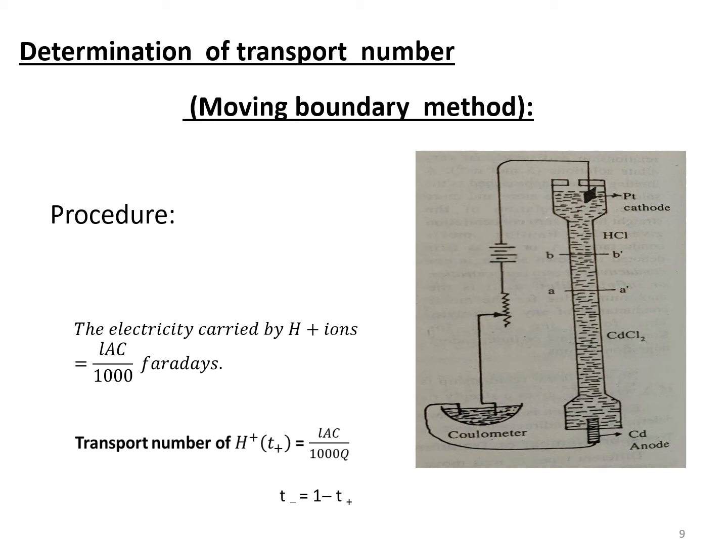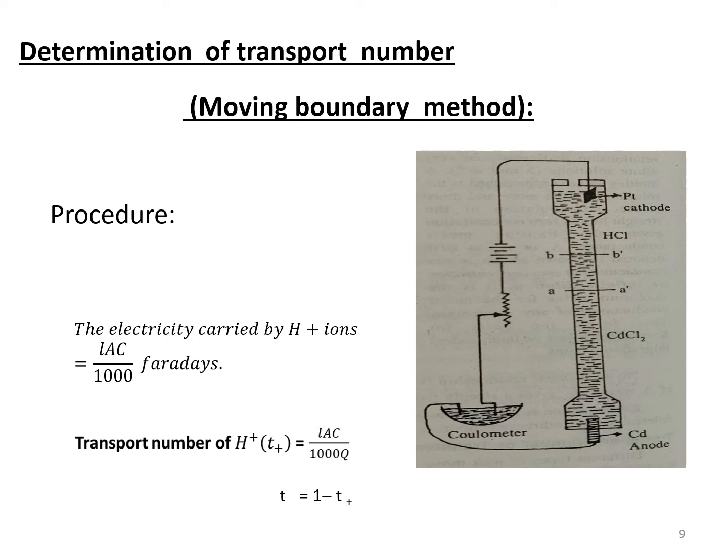Or you can also calculate the amount of electricity passed, Q, by using the formula Q equals W by E, where W is the weight of silver or copper deposited in the coulometer in grams, and E is the gram equivalent of silver or copper.